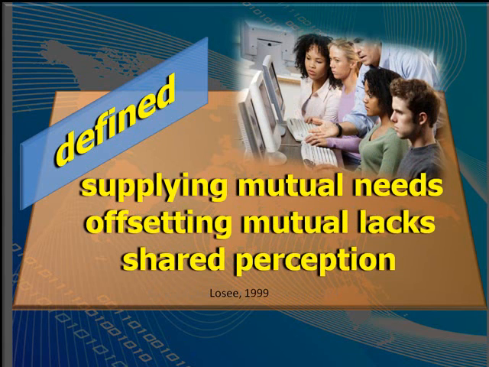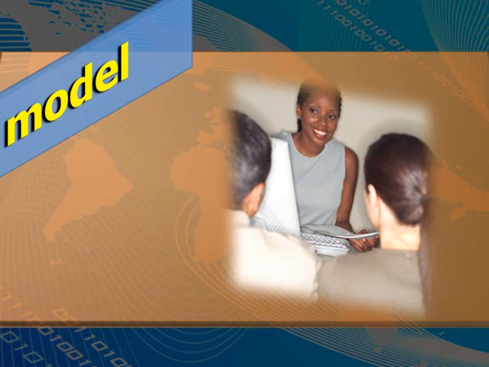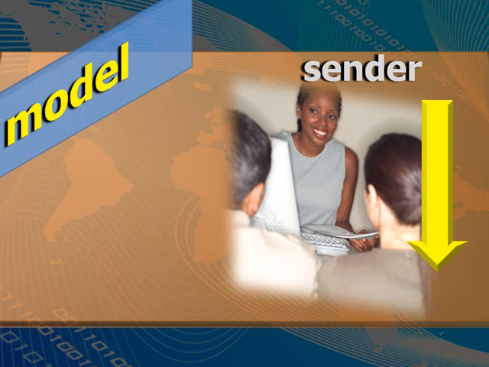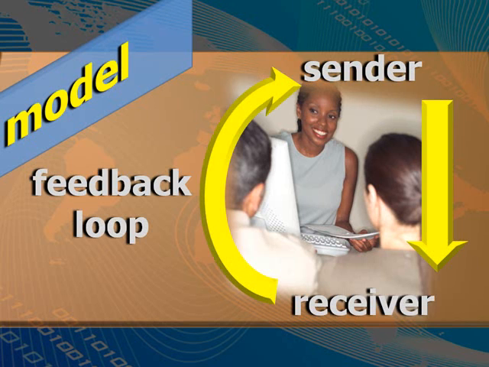Perception is the process of making sense out of the experience. We can also illustrate this in the form of a model. There are variations of the communications model, but the simplest of them breaks it down into a sender, a receiver, and a feedback loop. As you can see, each of these descriptions pretty much reinforces the other, and they all share the idea of making it a two-way connection.